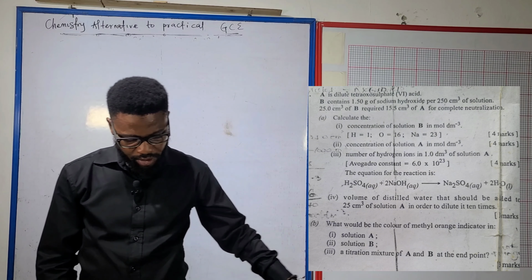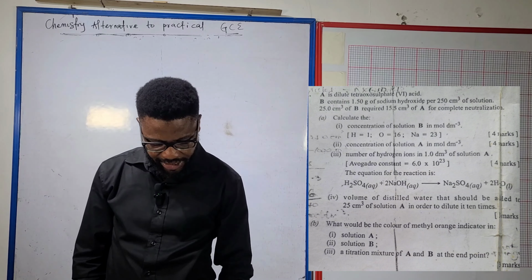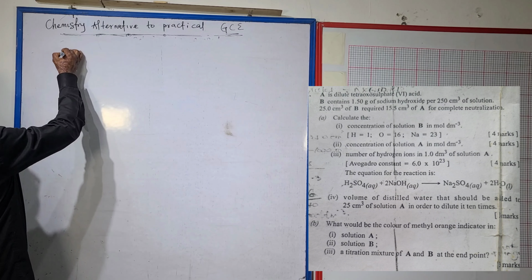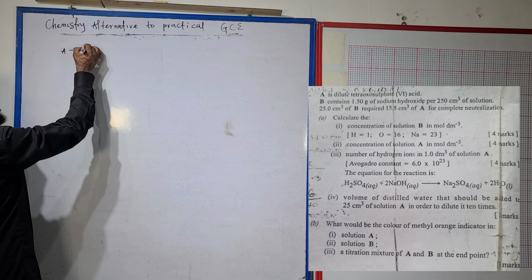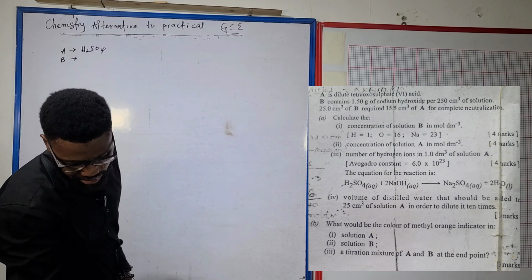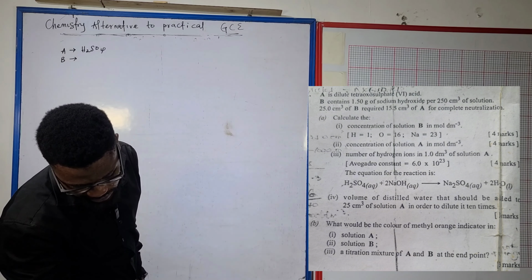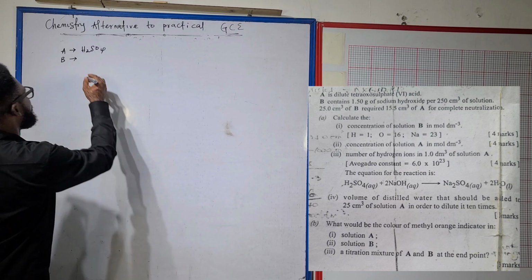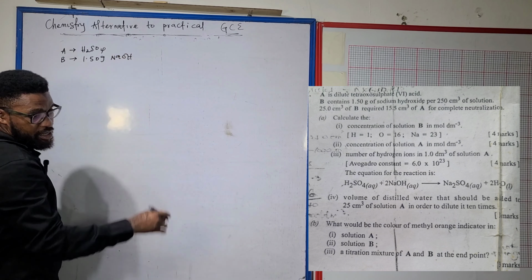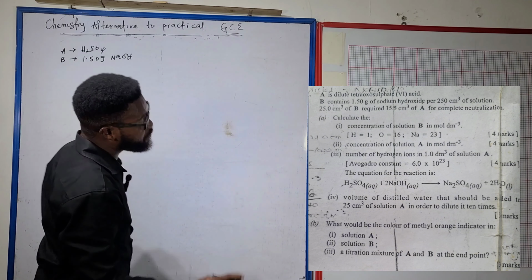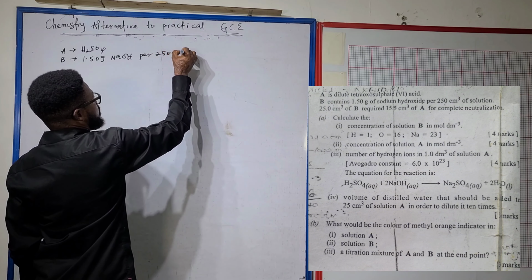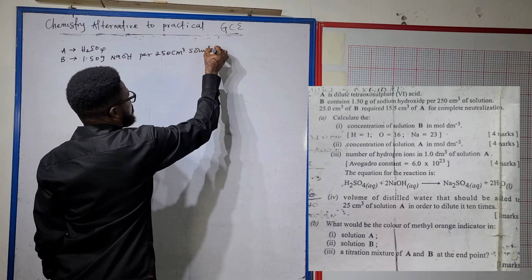Of course, looking at what you have on your screen, it says A is dilute H2SO4, and B is 1.50 gram sodium hydroxide per 250 cm cube solution.